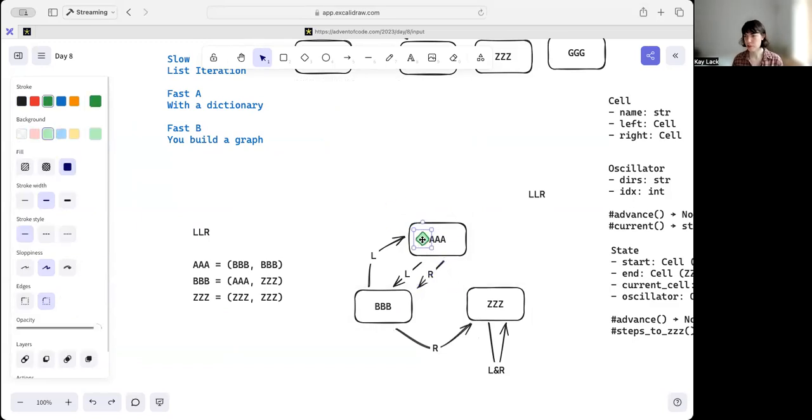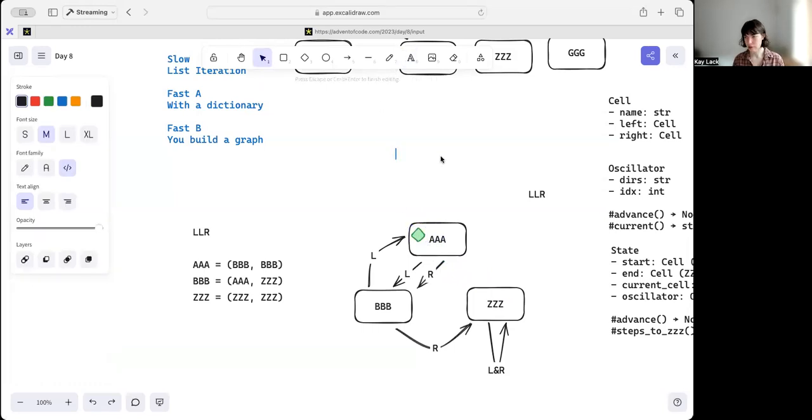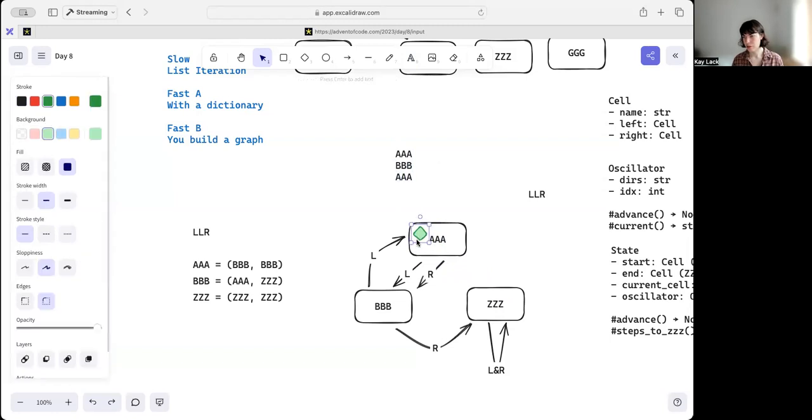Okay, so step one, left, left, right, left, left, right. Yeah, okay. So the steps are left, left, right.